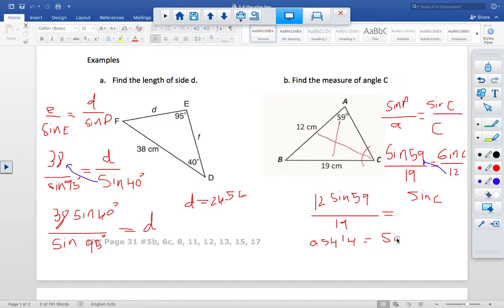Now, remember, I am looking for angle C. I'm not looking for the ratio. So I have to do one more step. Anytime we're looking for an angle, we have to do the inverse. On your calculator, you have to use the second or shift button.